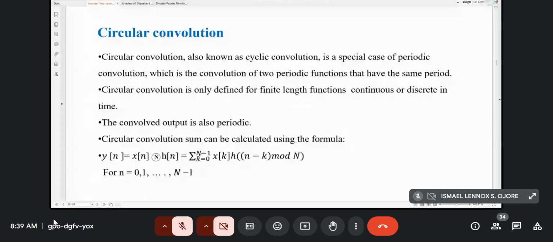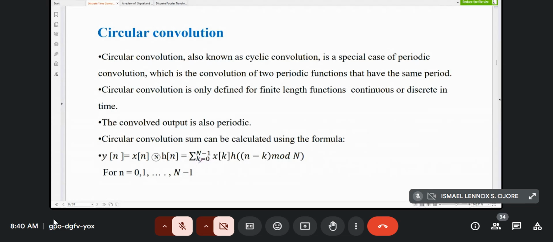And so this is the mathematical formula for it. That is the summation, k varying from 0 to N minus 1, yeah. Because here we are not talking of infinity to infinity.